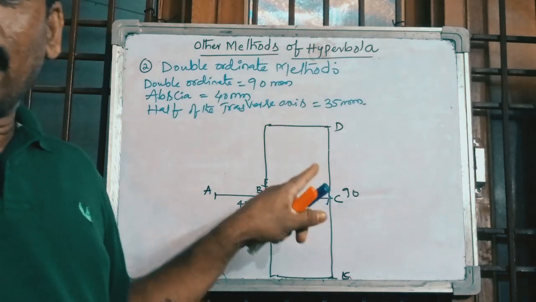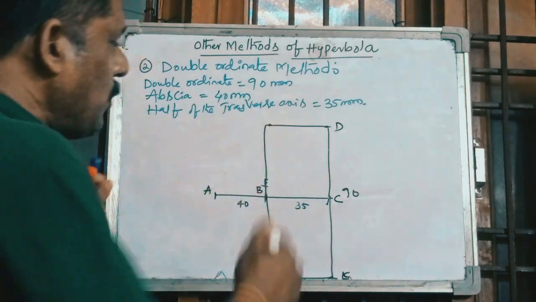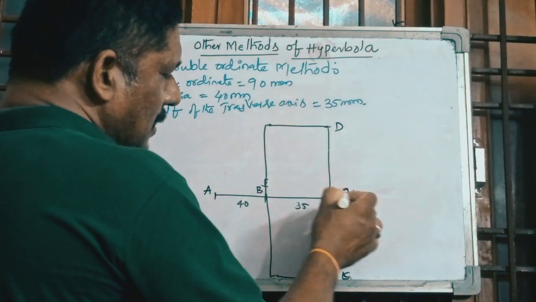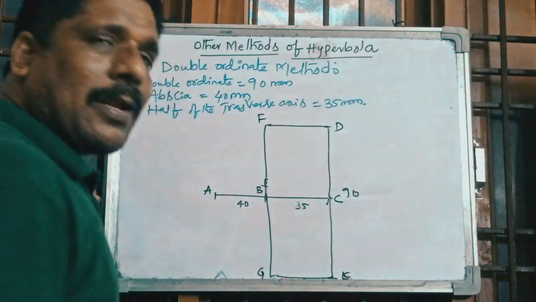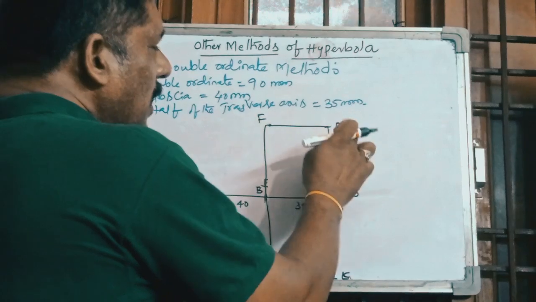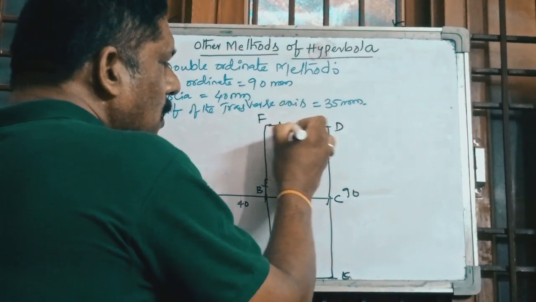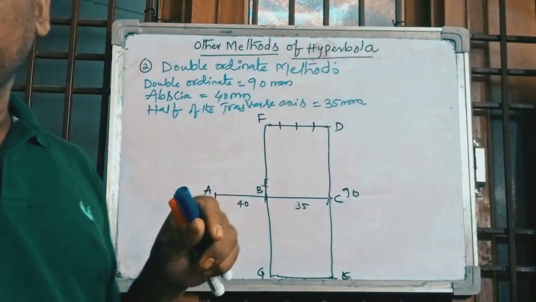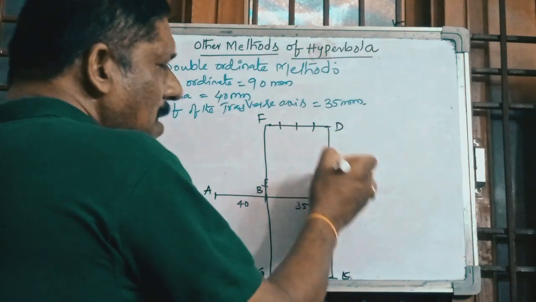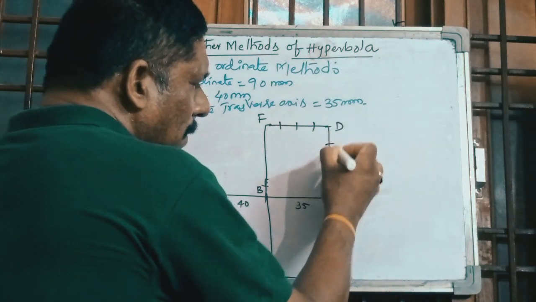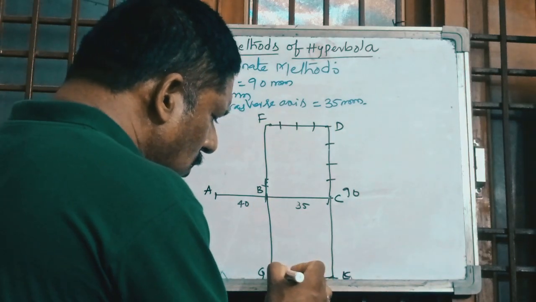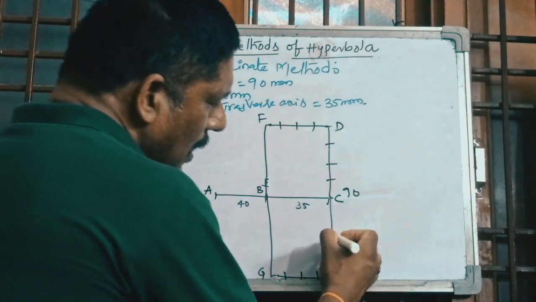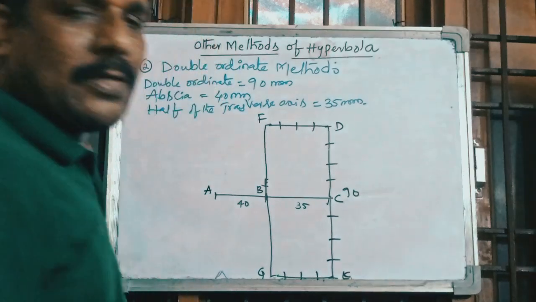And divide this top portion. So A, B, C, D, E, F, G. Mark all the points. Now F to D is divided into equal number of parts. Assume that we are dividing into 4 equal parts. In the same manner, the opposite side is also divided into 4 equal parts, and here also, and here also divided into equal parts.